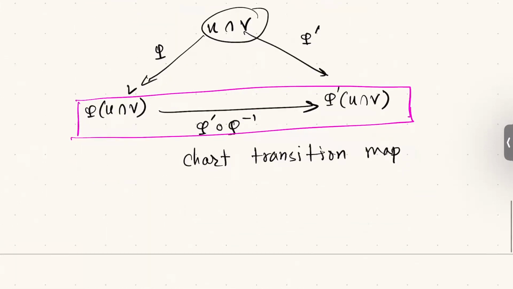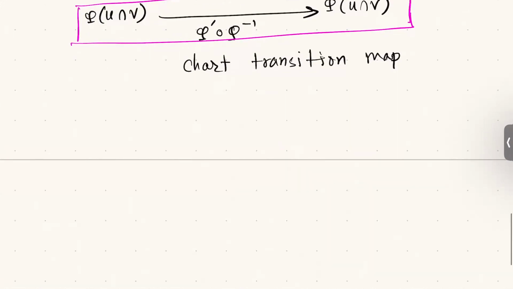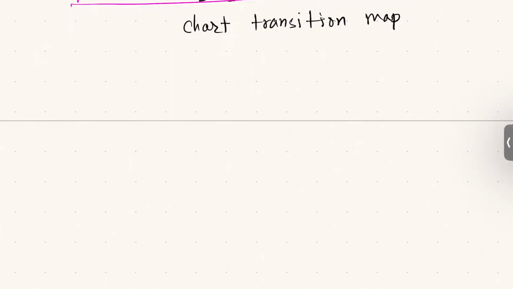I need to know how I can go directly from one coordinate system to another, so that the result doesn't change from one place to another.